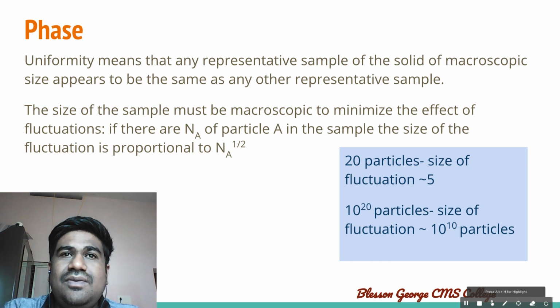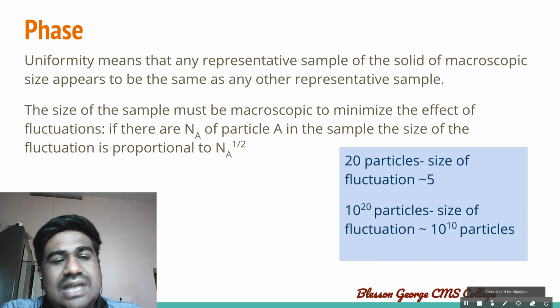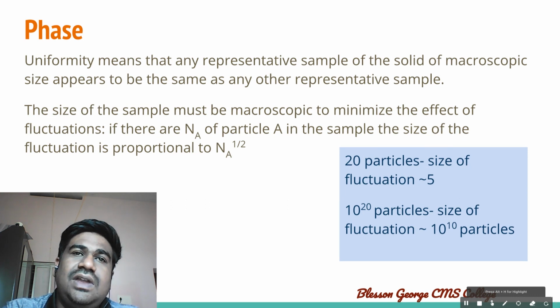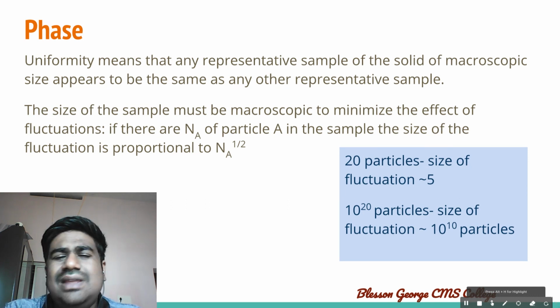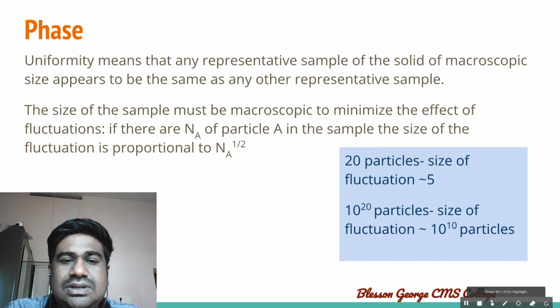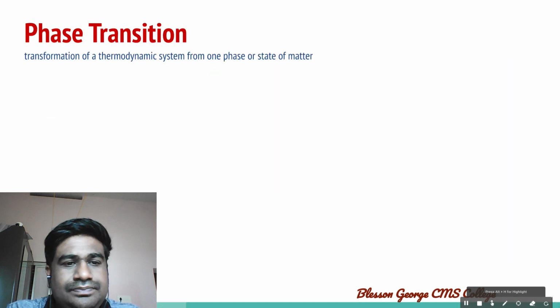So there will be a meaningful uniformity. So the size of the sample must be macroscopic to minimize the effect of fluctuation. If the fluctuation is very large, then there is no meaning to speak about uniformity. Okay, so our phase has uniform chemical composition and uniform physical properties throughout the material.